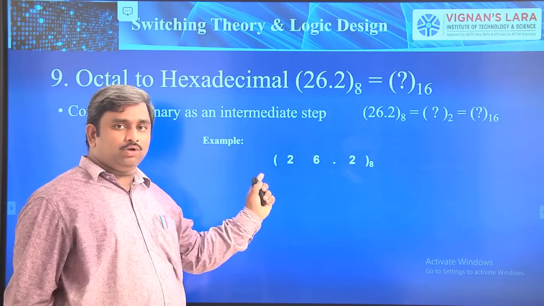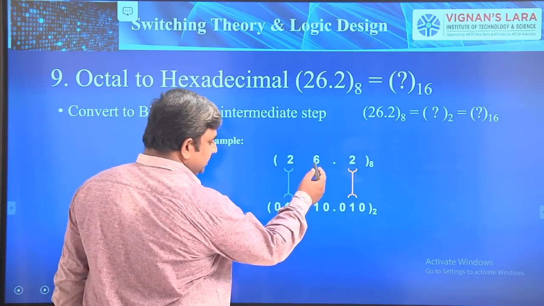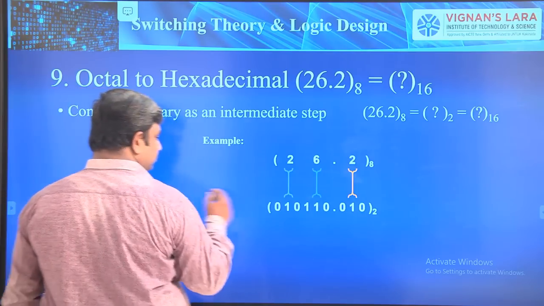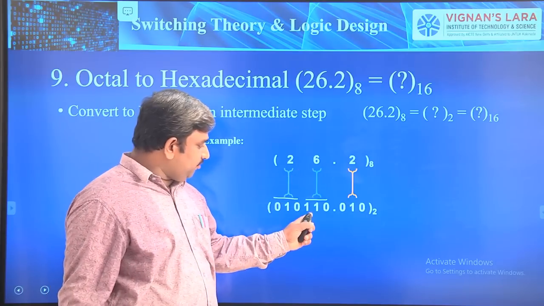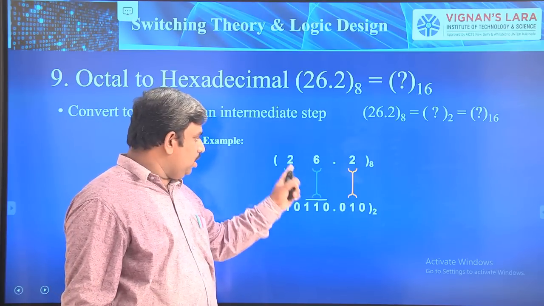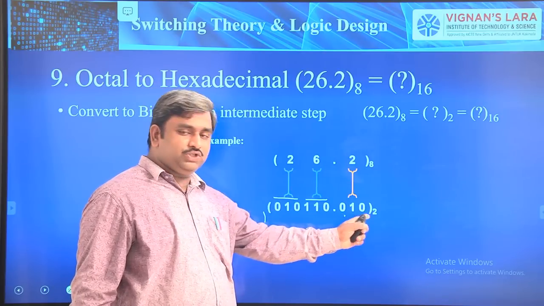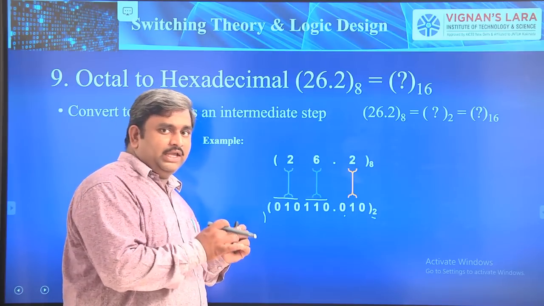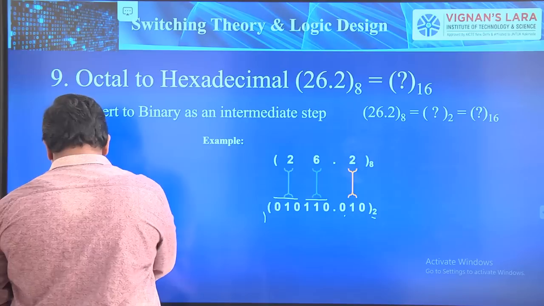Now I want to convert this into the binary number system. 6's equivalent value is 110 and 2's equivalent value is 010. What I did here, I represented the octal equivalent binary numbers. That is a very simple concept.